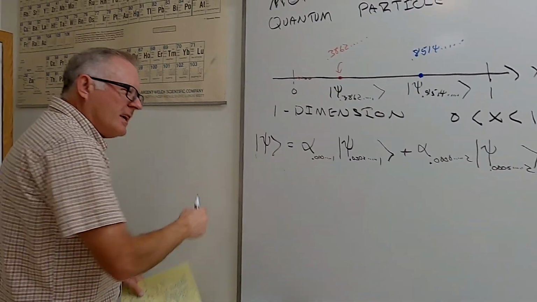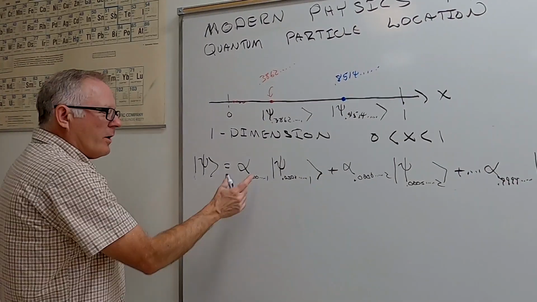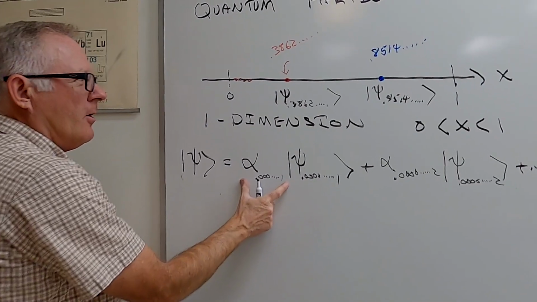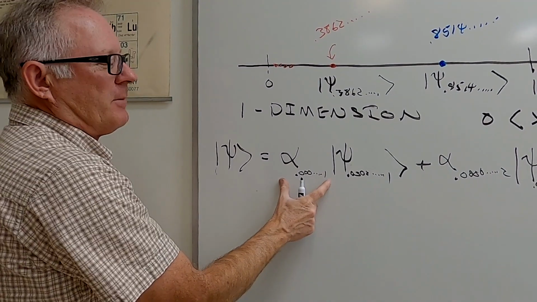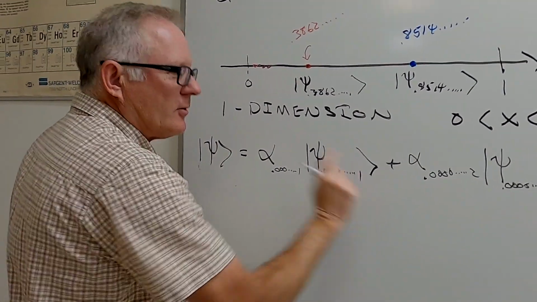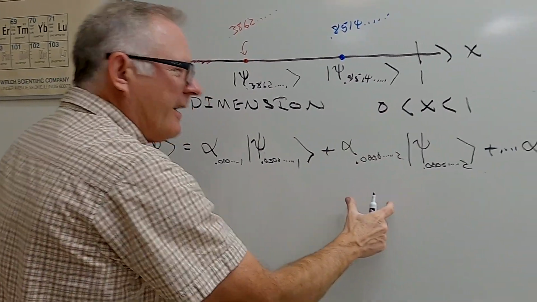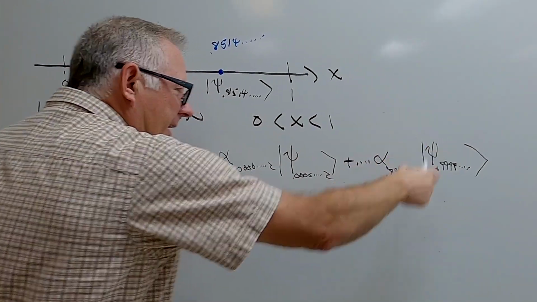So this would be the state of the system right here, where this times its complex conjugate, the square, would be the probability of measuring it at 0.00001. This squared would be the probability of measuring it at that location. And you keep going up.